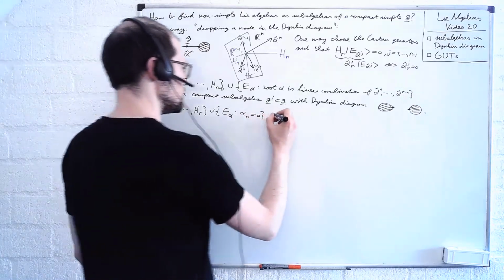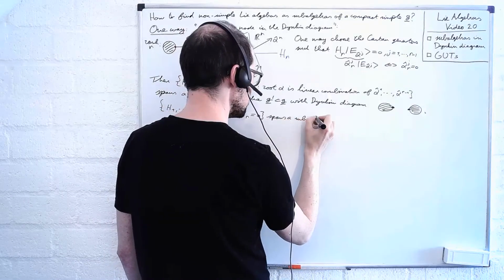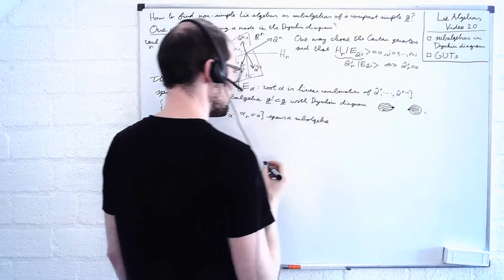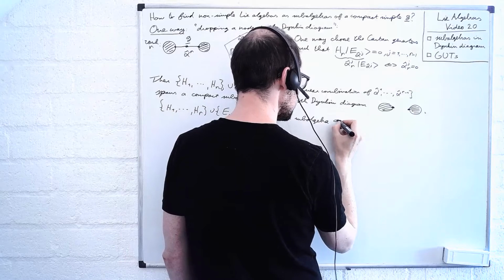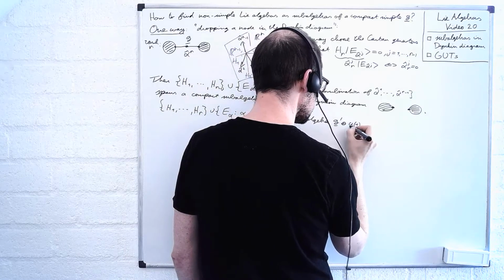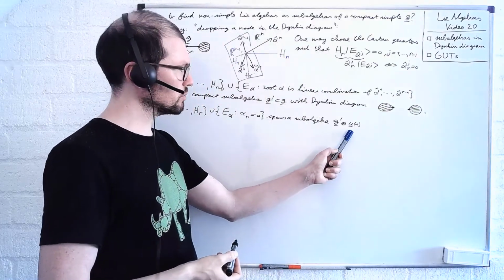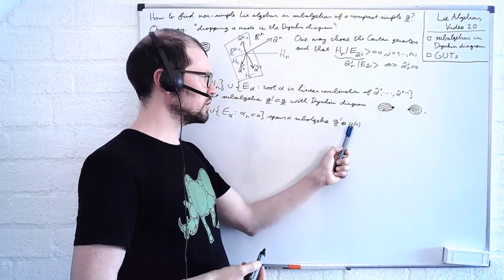So this spans a subalgebra that I claim is of the form G prime plus an additional U1 Lie algebra. So remember, what is a U1 Lie algebra?